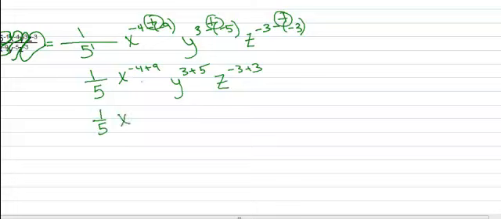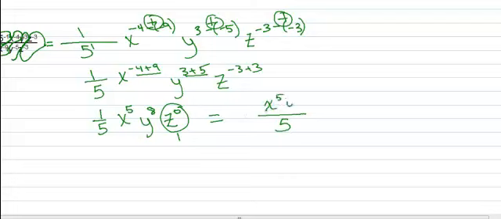We've got x to the 5th, y to the 8th, and z to the 0. Well, remember, z to the 0 is 1. So we've got the 5 in the denominator, x to the 5th and y to the 8th in the numerator, and times 1, so of course that's done. So that's all there is to that one.